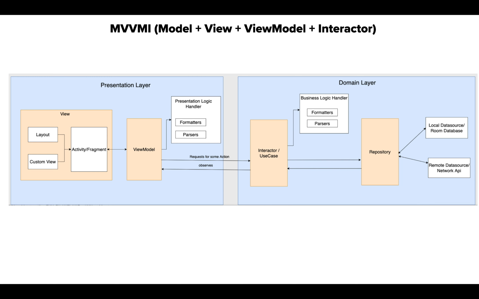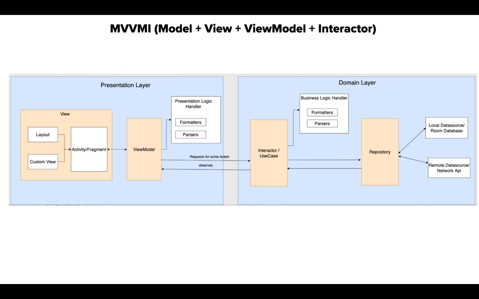And this one is known as MVVMI, where we had already discussed the model. On the left side, the presentation layer contains the view and view model. Until that point it was MVVM. Then the view model connects with the interactor, so it became MVVMI, MVVM with interactor, and the interactor will connect to the repository and get the information.